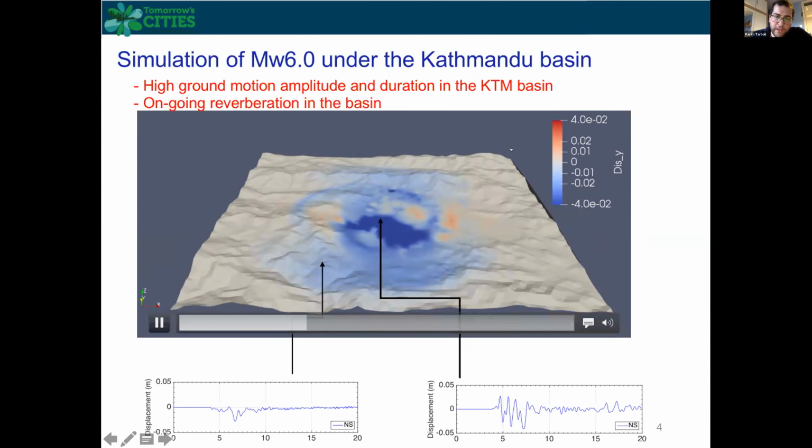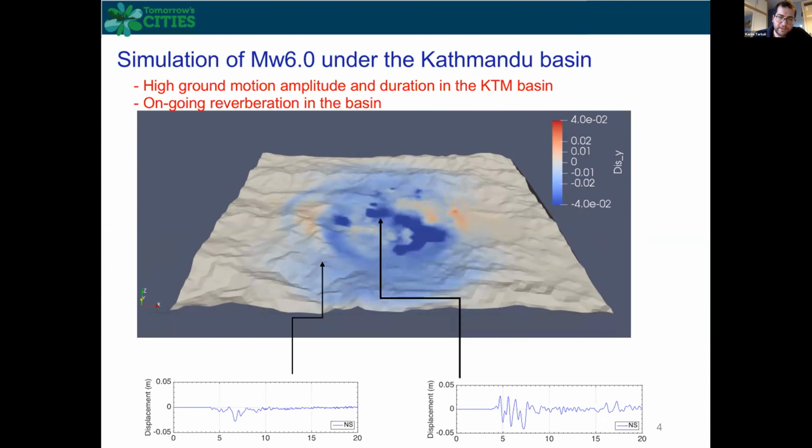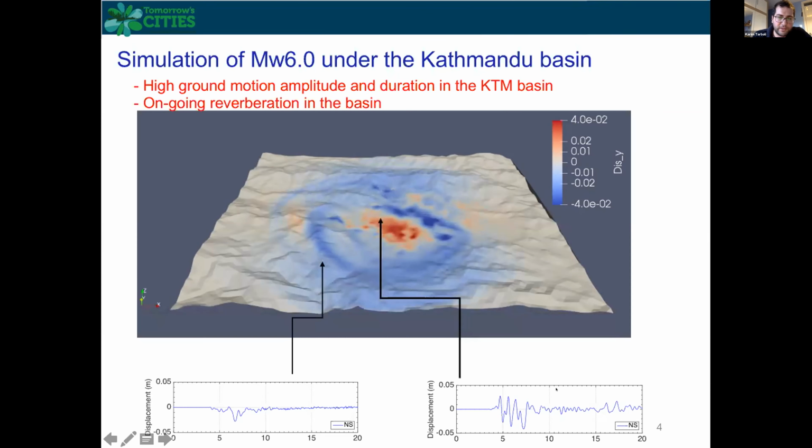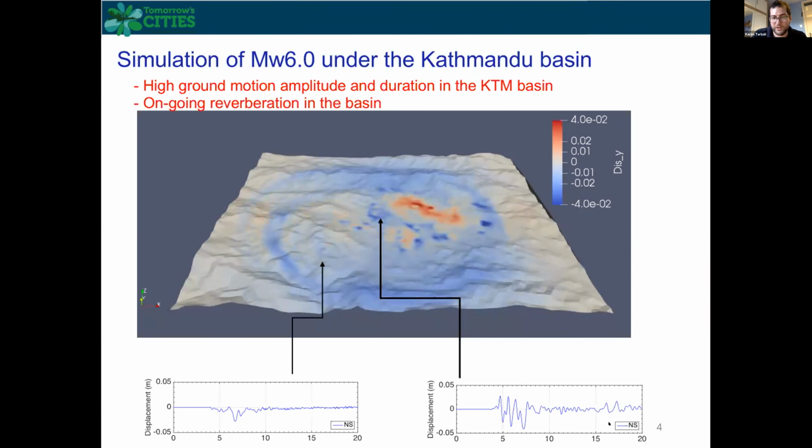One important thing that is evident from this simulation is the continuous, ongoing reverberation of the basin, the layers above the basin, after the rupture is finished, which is shown here in this trailing reverberation.